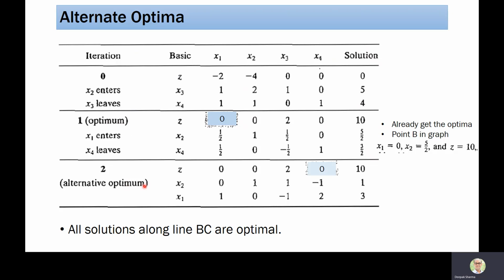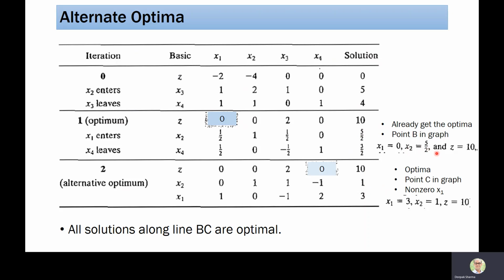In this case, you will find that our objective function value remains the same. However, the solution has changed. Earlier x1 was 5/2 and x2 was 0, and now we have x2 equal to 1 and x1 equal to 3.